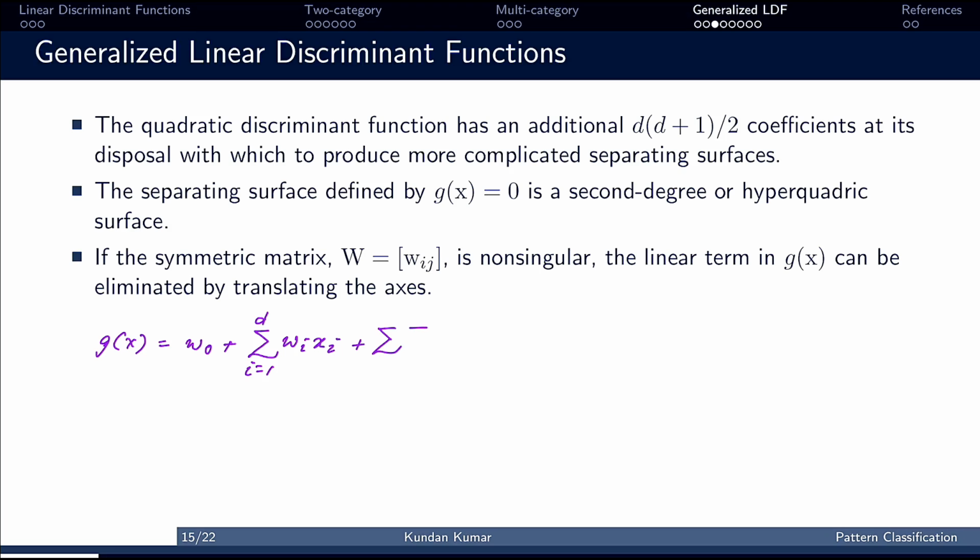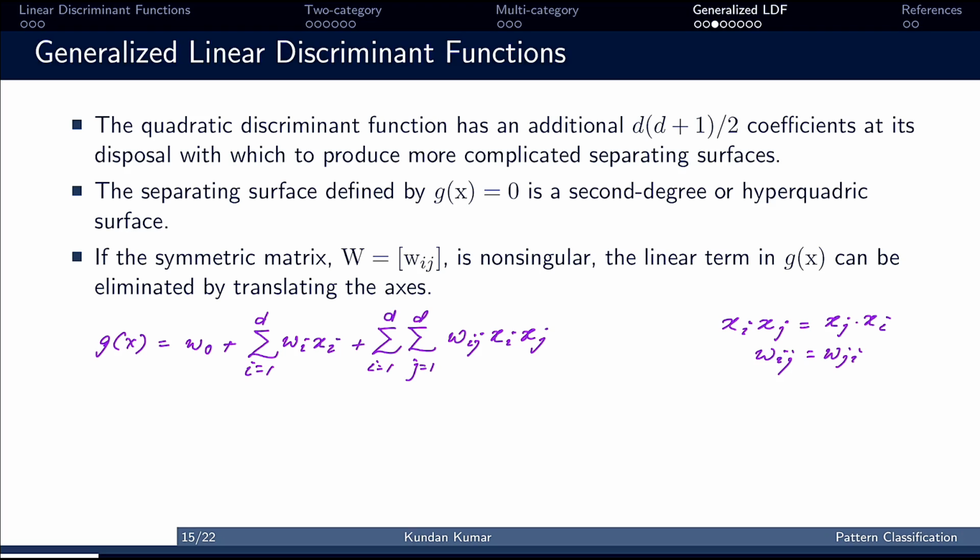This is the linear term. Then we have the quadratic term. Here we assume that xi into xj equal to xj into xi. So that means we can say that wij equal to wji.